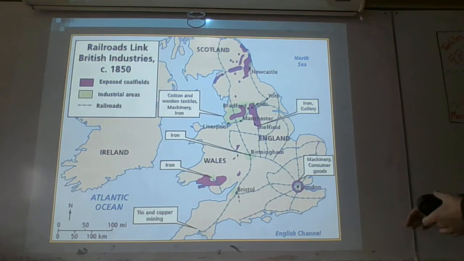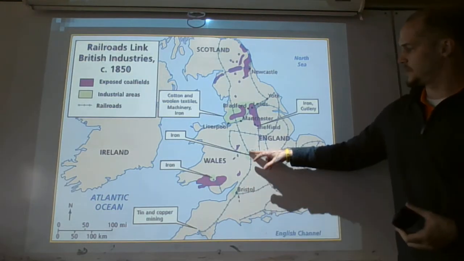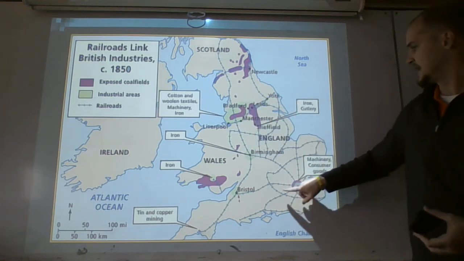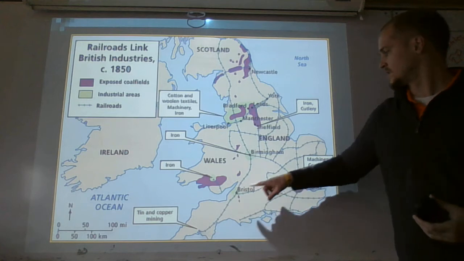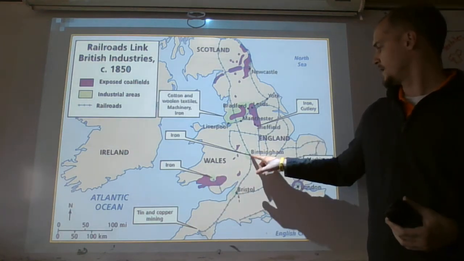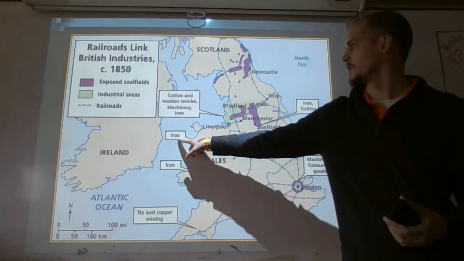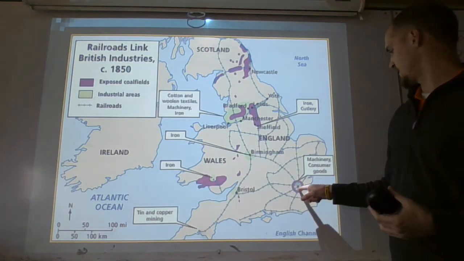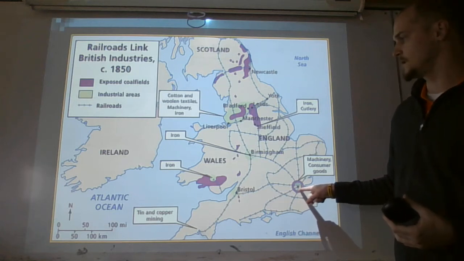And so you see railroads are being built in between various regions. So you got regions here where natural resources are, iron. So you build a railroad to a machinery factory here where goods are being made.